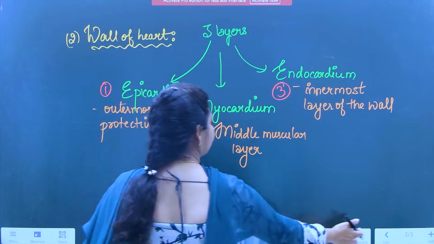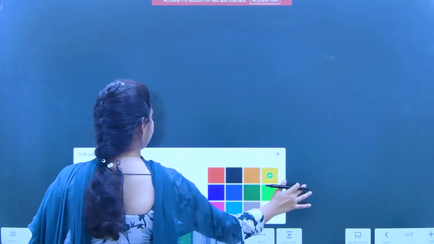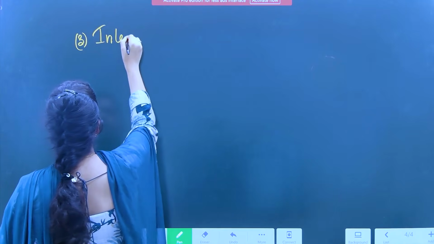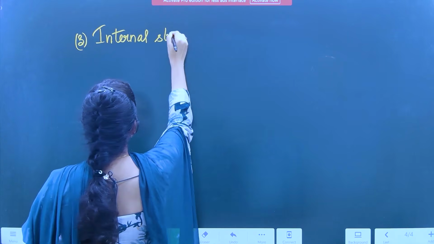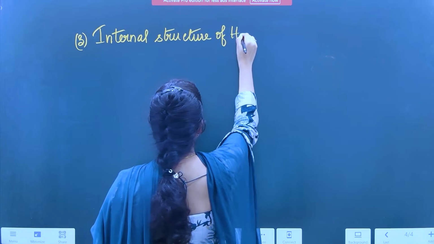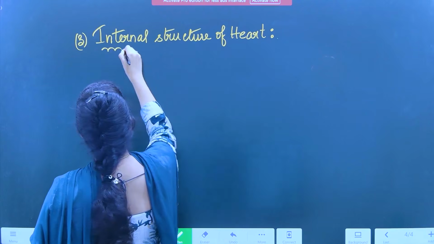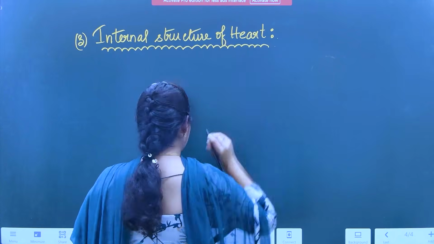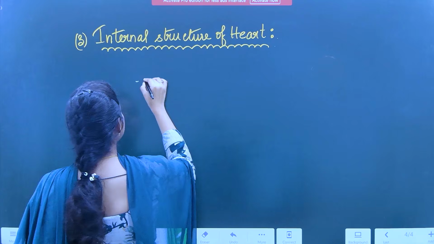Okay, fine. Now, moving to the third one, that is the internal structure of the heart. I think I should be drawing the diagram.